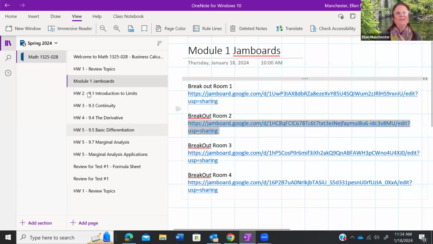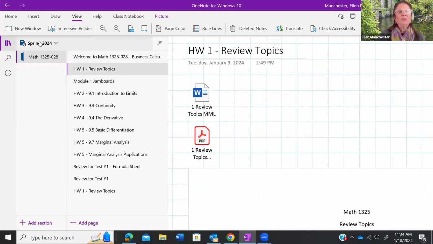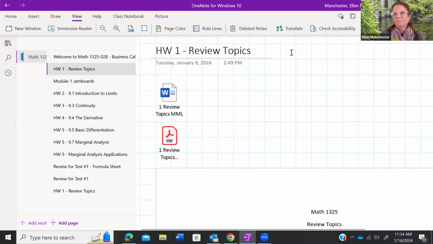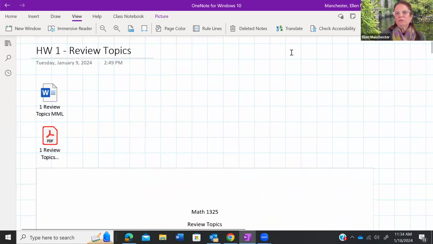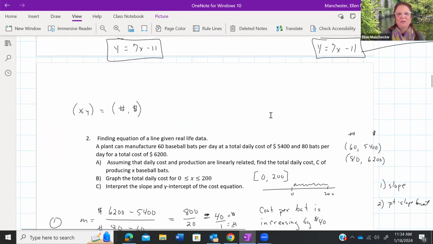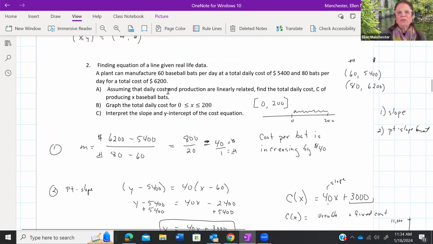All right, so what we're going to do is continue on with our review. Let me get this out of the way. I actually figured out I can make this smaller. So this number 2 was, remember how we took information from a word problem and then recreated the equation of a line. It's just pulling information out.